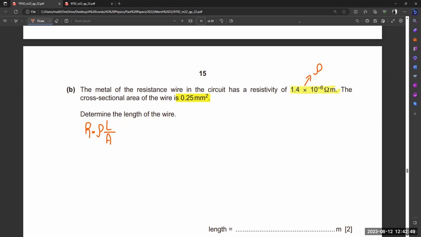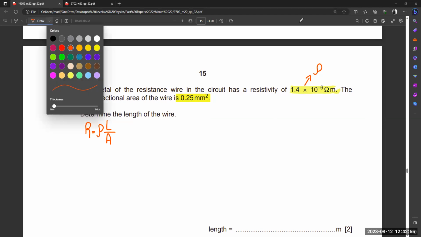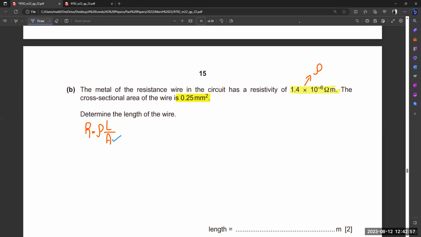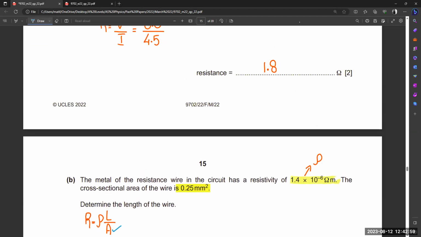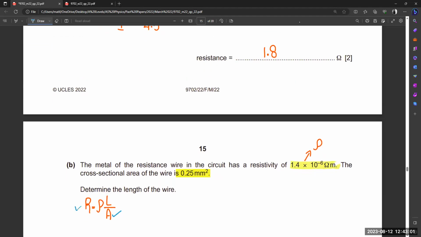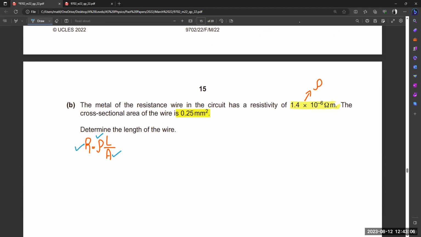This formula will help you find the length, because we already have the cross-sectional area and the resistance we calculated, 1.8. Resistivity is also given. So simply we need to do R times A divided by resistivity equals length.